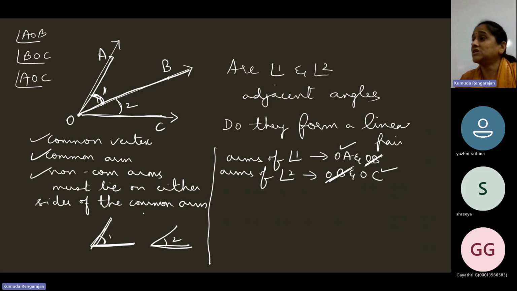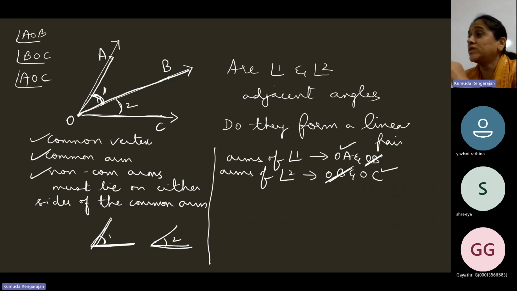So all the three conditions are satisfied. So angle 1 and angle 2 are adjacent angles, because they have a common vertex, a common arm, and their non-common arms lie on either sides of the common arm. All the three conditions are satisfied.